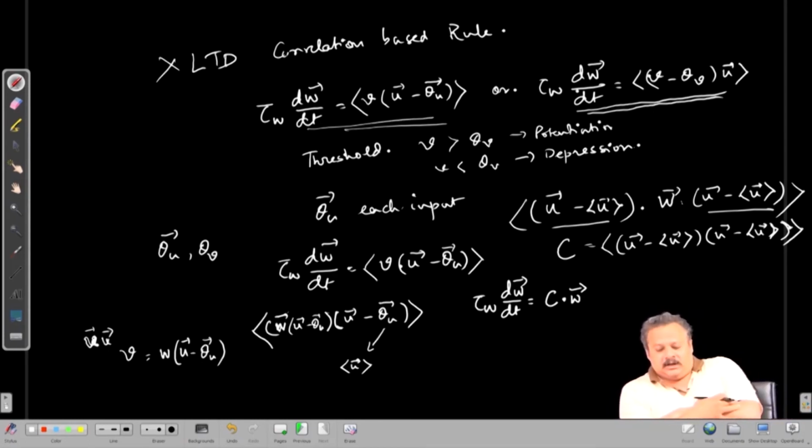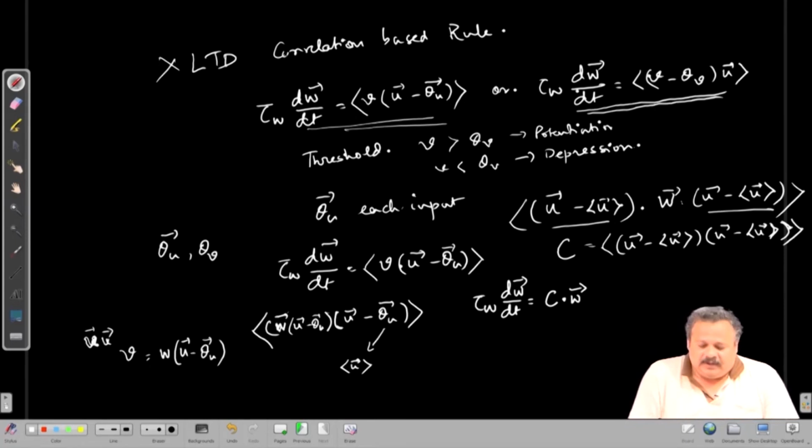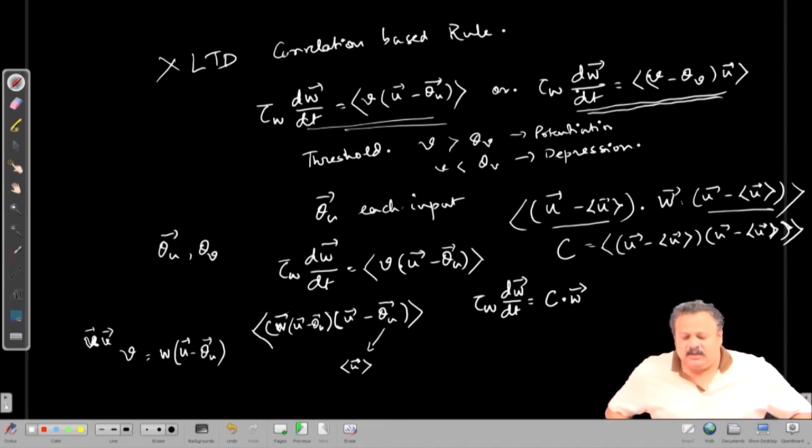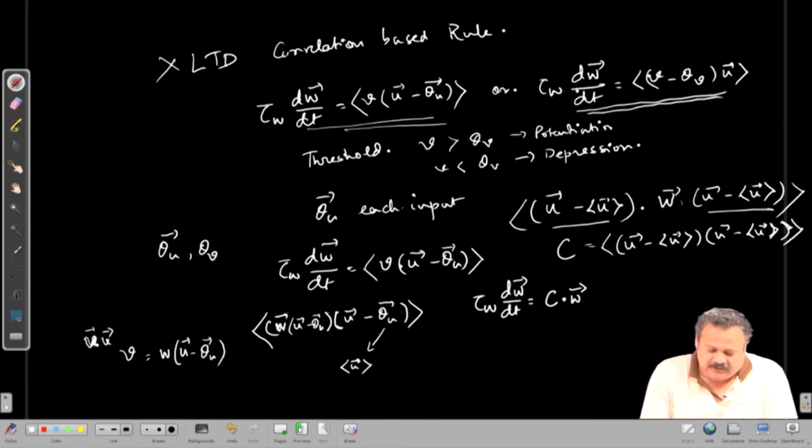Now that we have derived this, although we get LTP and LTD, both of them, in these two learning rules, the problem again is that it is unstable. Why would we say that?